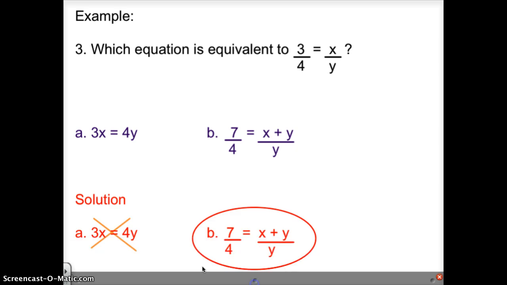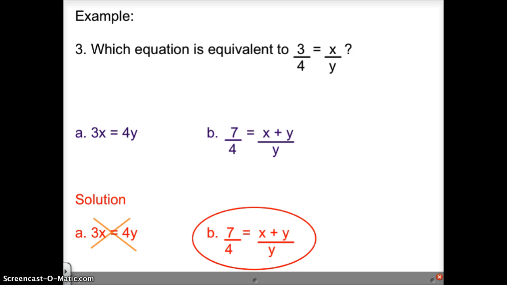Hopefully you saw that even though x to y wouldn't work, because x to y would equal 4 to 3, the ratio over here simply adds 1 in the form of 4 over 4 on the left and y over y on the right. If you equate that to this proportion over here, they're the same, just in a different form.